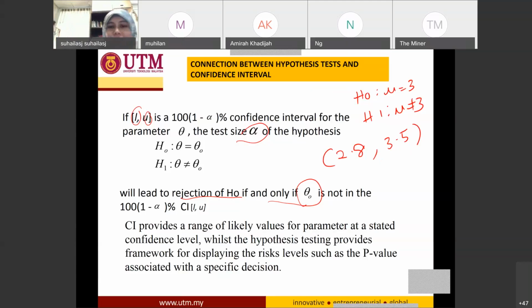Yes, these are the terms. Accept H0 is the same thing as failing to reject H0. For mathematics students, we normally do not write accept H0.